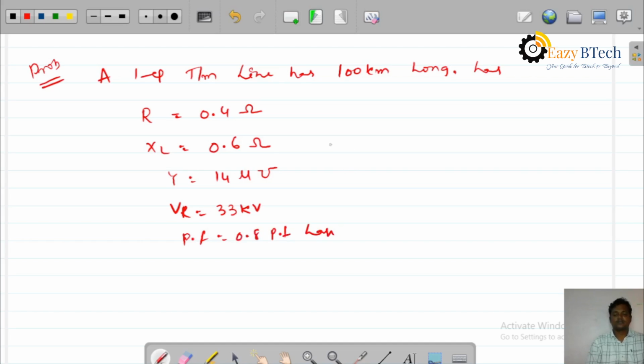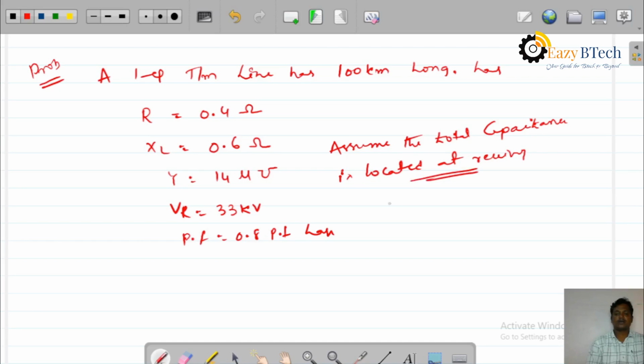They mention, assume the total capacitance is located at the receiving end. Means it is nothing but the load end condenser method. Okay.